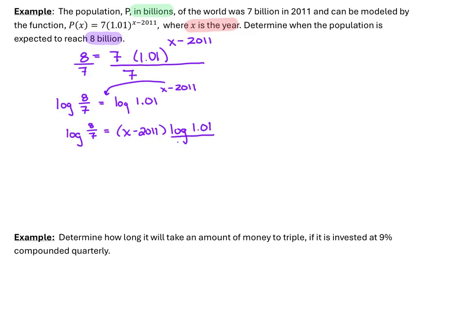If you want to avoid really nasty fractions, we can go ahead and divide by log of 1.01. And what we get is x minus 2011 equals log of 8/7 divided by log of 1.01.